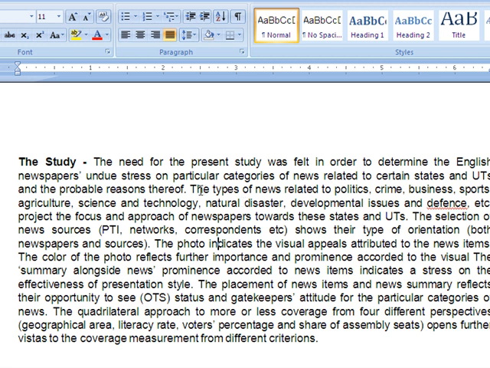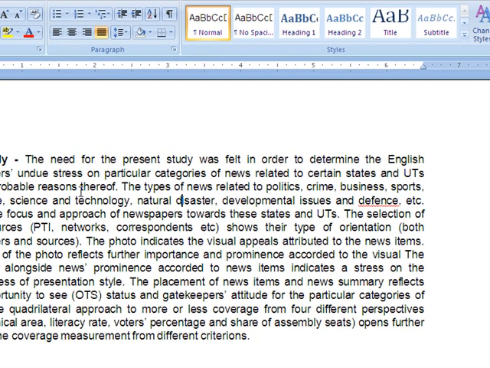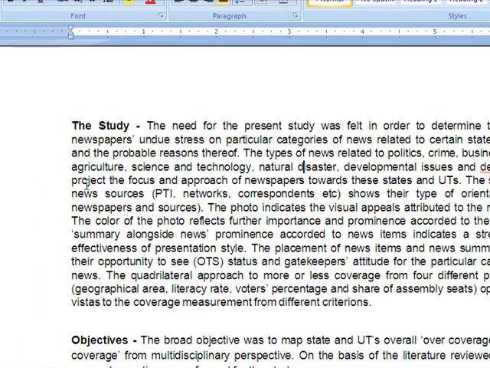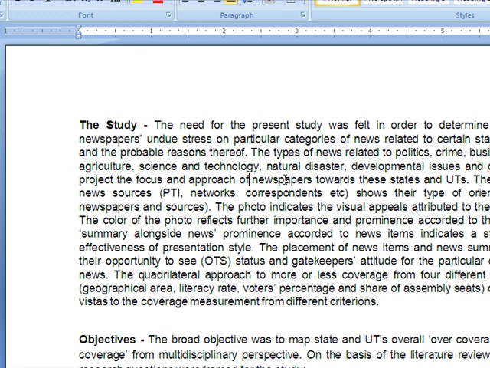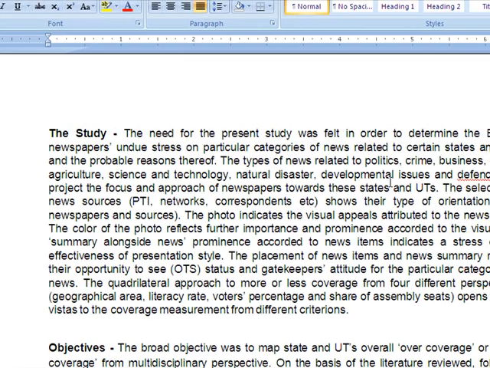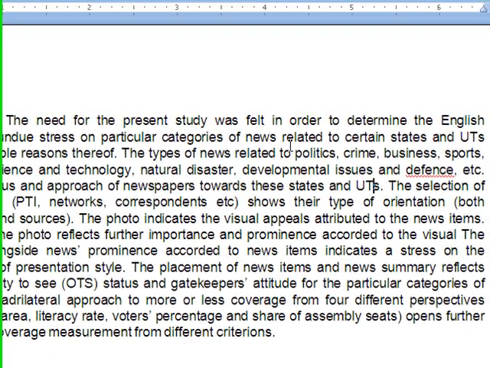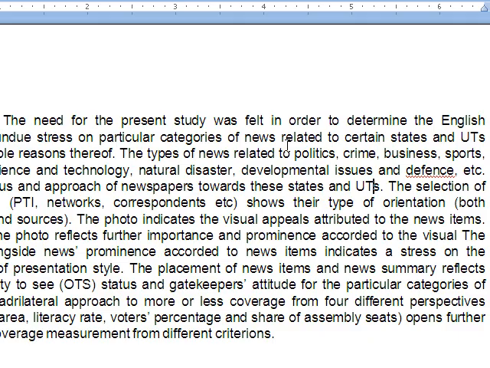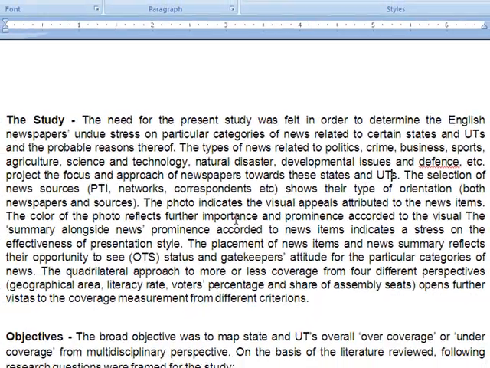So if I explain one objective, then it will say the type of news related to politics, crime, business, sports, etc. project the focus and approach of the newspapers towards these states and UTs. So you have to expand upon and explain all the objectives in this.